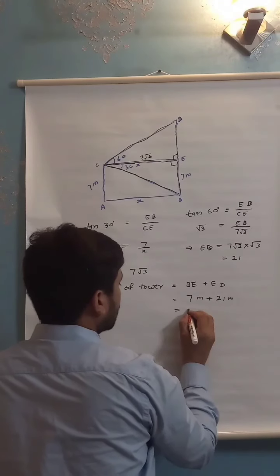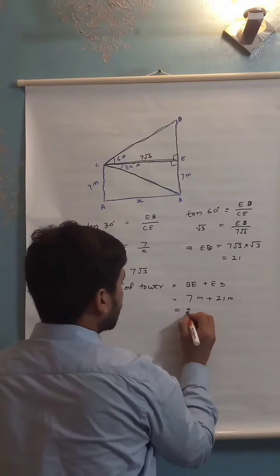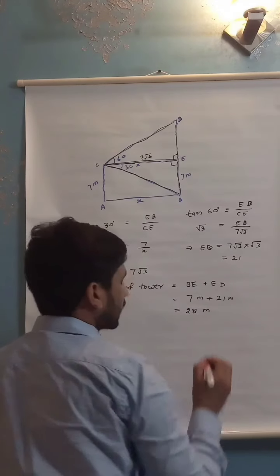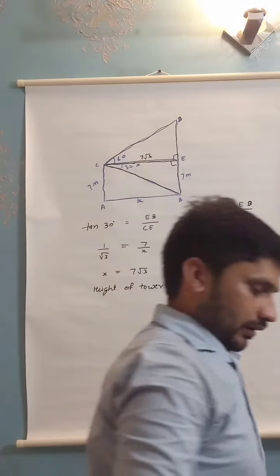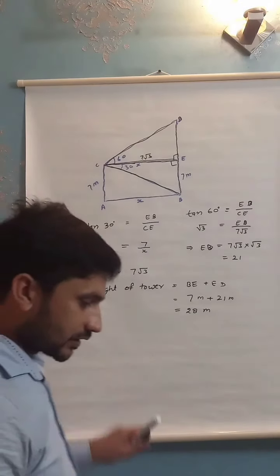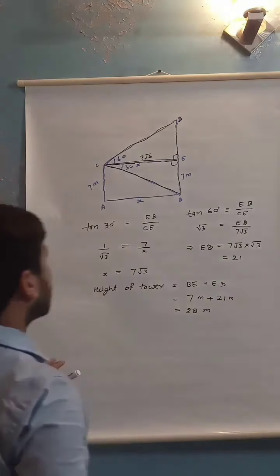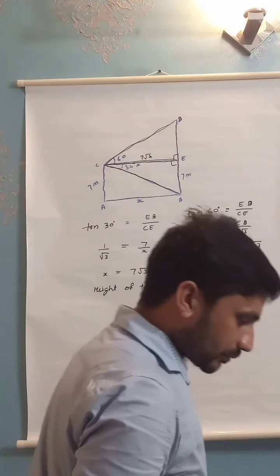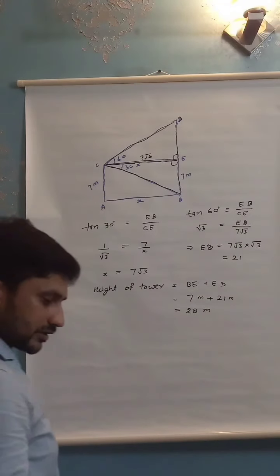Then the height of the tower is 28 meter. This is the answer of our first question. Height of tower is 28 meter. Now let us proceed towards question number 2.